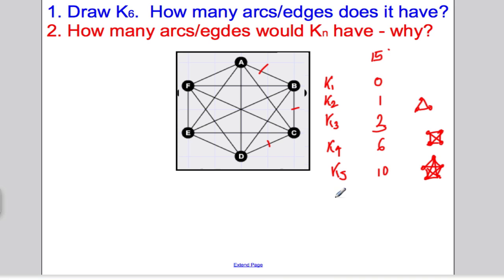So it had 10 there, and we're saying K6 has 15. I wonder if you can spot the pattern between the number here, 1, 2, 3, 4, 5 and 6, and the answer you get at the end. Or can you work out a reason why it might be the case?